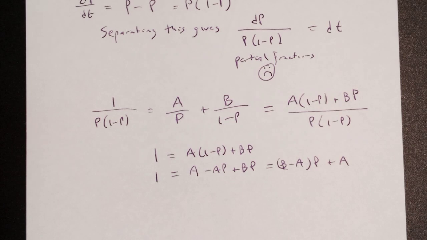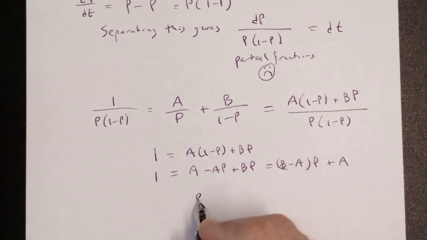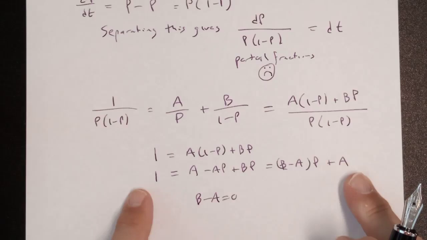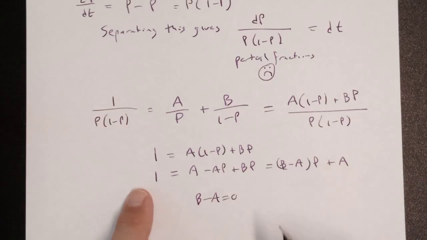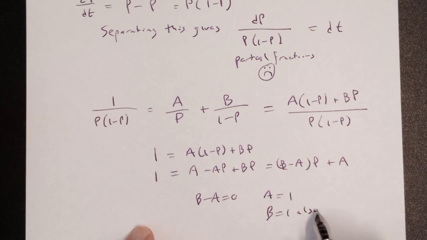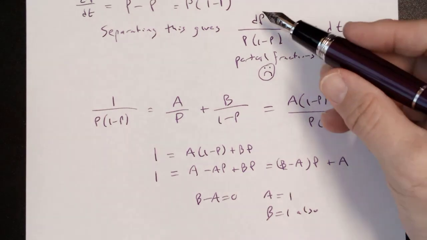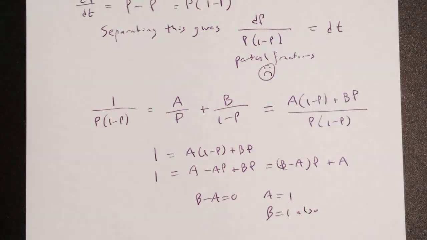So that means this must be 0. But the coefficient of 1, the number all alone, is just on the right, the A. So from here, A equals 1. Put that with this, what's B? So that means this can now be rewritten as 1 over P plus 1 over 1 minus P.